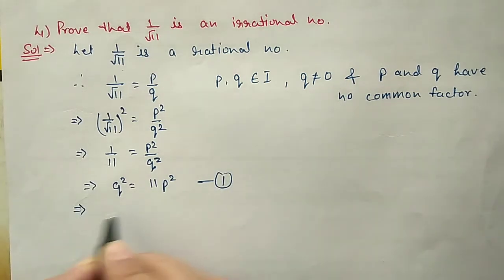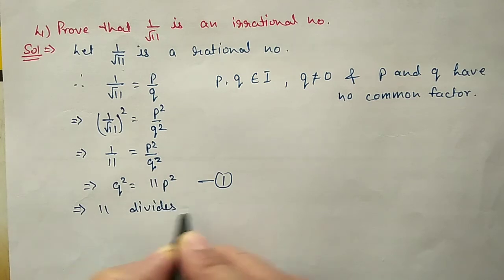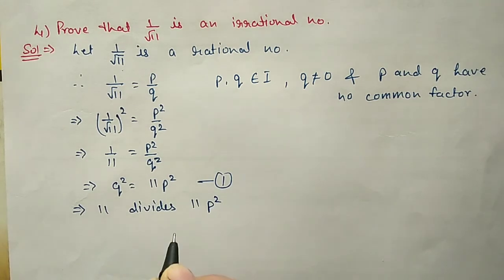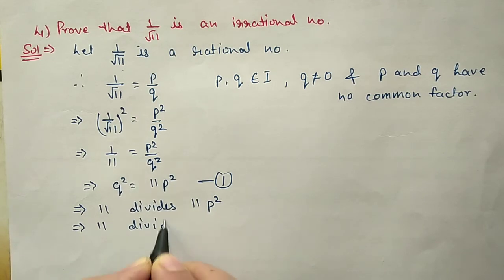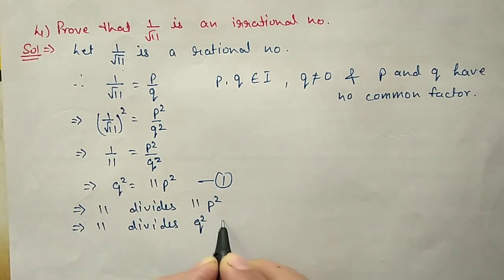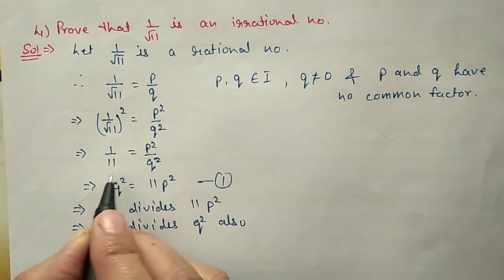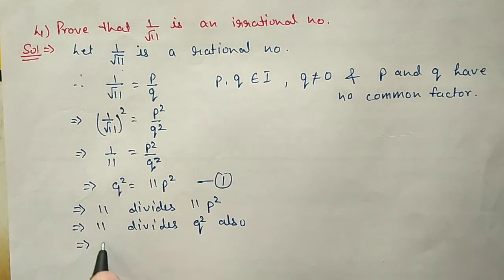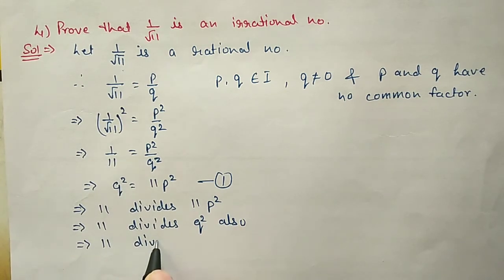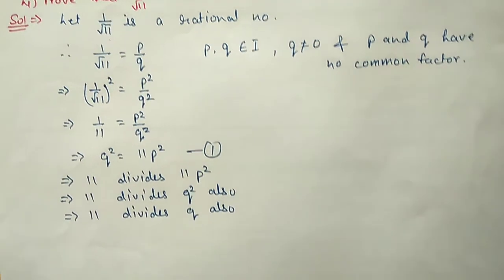It means 11 divides 11 p square, or we can write 11 divides q square also, because 11 is dividing this side, so it will divide this side also. Both the sides are equal. Or we can write 11 divides q also. If it is dividing q square, it means it will divide q also.